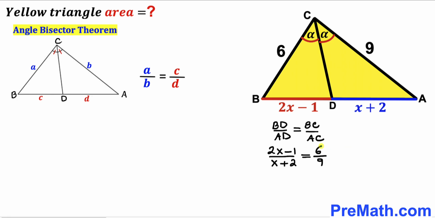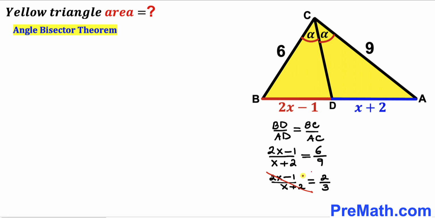Now let's look at the fraction on the right hand side. 6 divided by 9 reduces to 2/3. So I can write 2x minus 1 divided by x plus 2 is equal to 2 divided by 3. And now I am going to cross multiply.